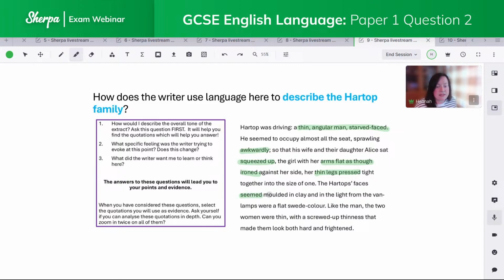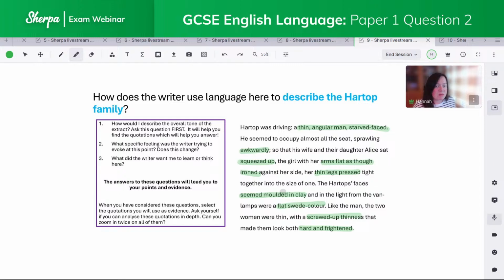Hartop's faces seemed moulded in clay, flat suede colour, screwed up thinness, made them look hard and frightened. All of those things I've highlighted link to the ideas I just mentioned.